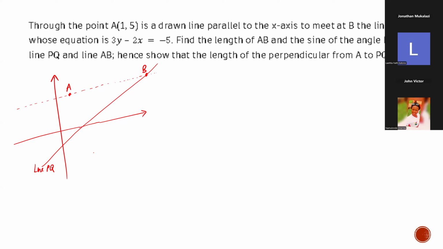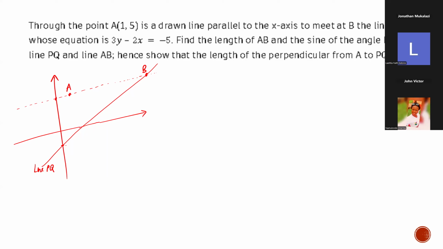Moving on to find the length of AB and the sine of the angle between the line PQ and line AB. To find the sine of that angle, you know, sine of an angle is opposite over hypotenuse. So we would need that point there and this point here to give us the length of the opposite, and then divide it by the length of the hypotenuse, which would be this.